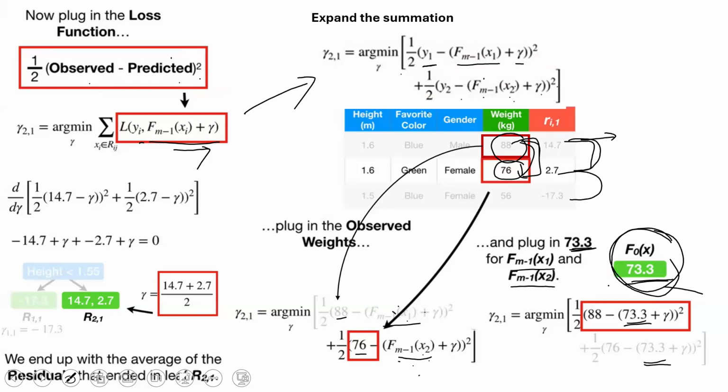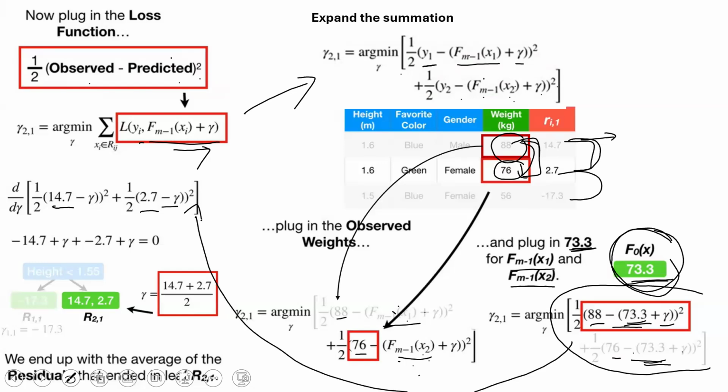Now I need to take the derivative of this and equate it to 0, which will give the minimum value for gamma. Expanding, 88 minus 73.3 gives 14.7, and 76 minus 73.3 gives 2.7. Minus into plus gives minus gamma. So the equation turns into this, and taking the derivative gives this.